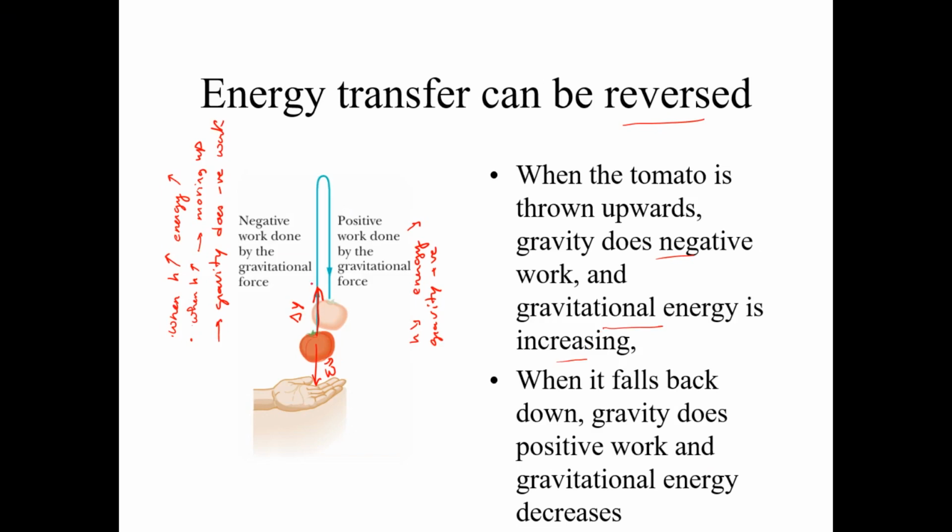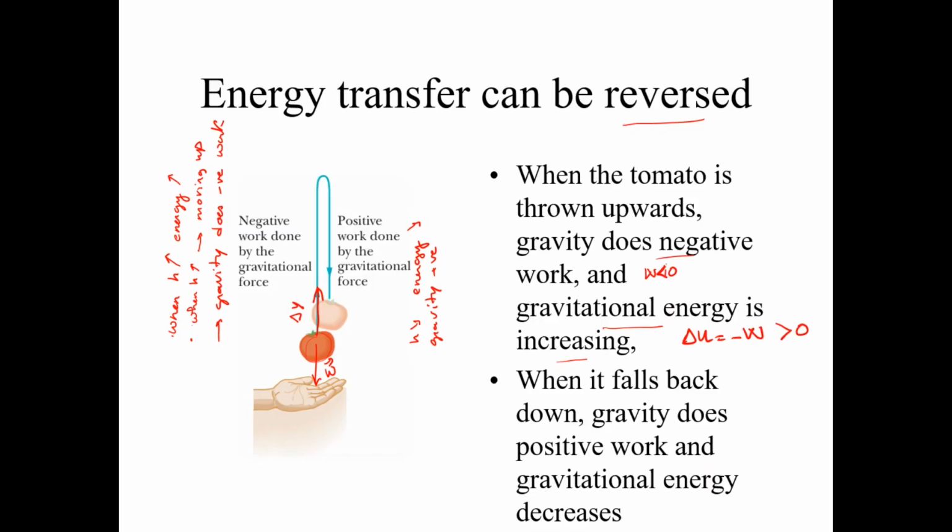Because this tomato is moving upwards, its height is increasing, and we said the gravitational potential energy is related to the height of the object at which it's existing. The higher it is from Earth, the higher the potential energy stored. So as the tomato ascends, gravitational energy is increasing. And notice how here W is negative, and delta U is minus W from our relationship, so this will be positive. Notice how the physics matches with the math.